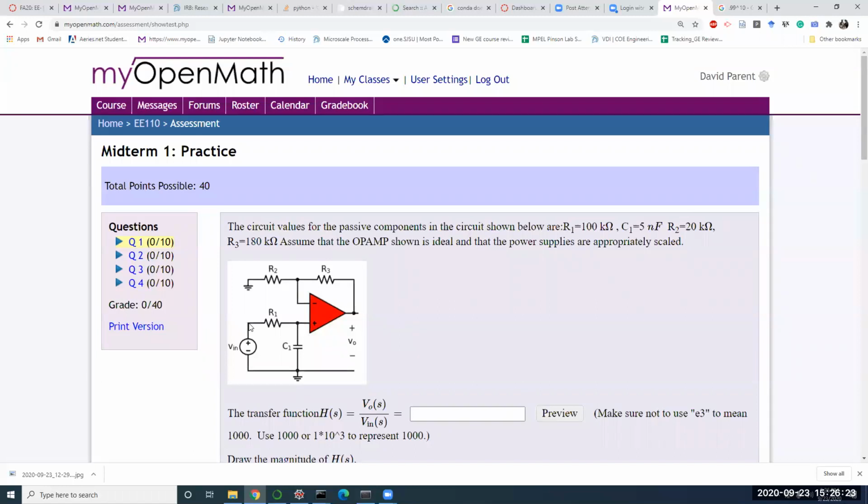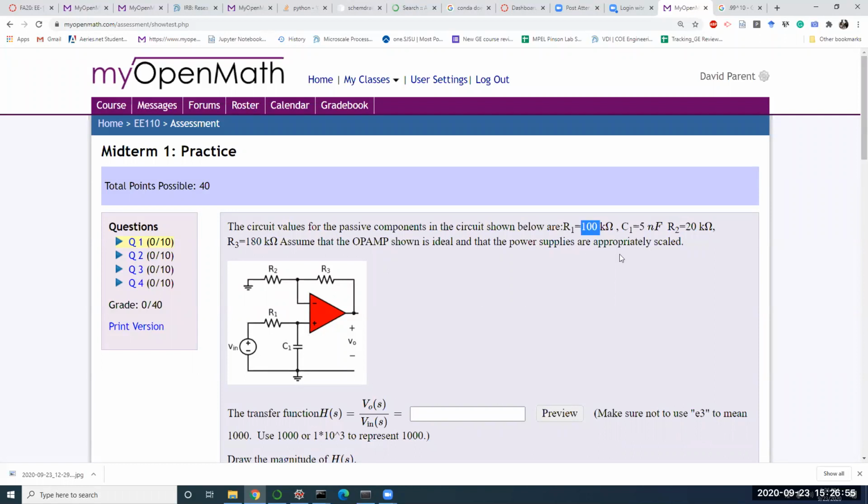So you would look at it in superposition. If I had a plus V in here, Vout would just be minus R3 divided by R1 times that Vin, and that would be summed with what is going on here. Now, just so you know, superposition is something we're not going to do.